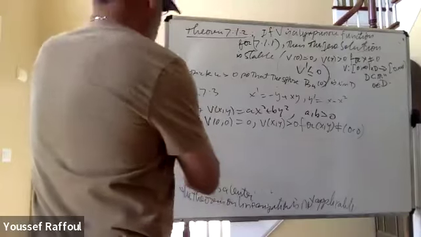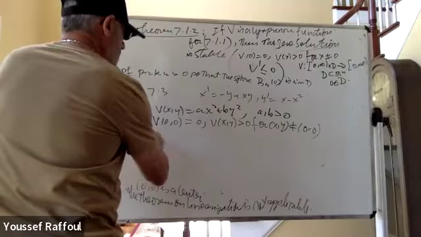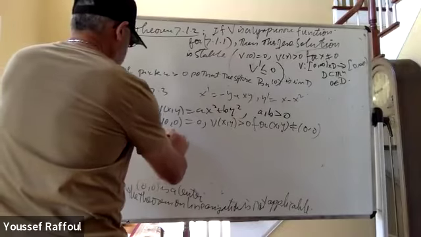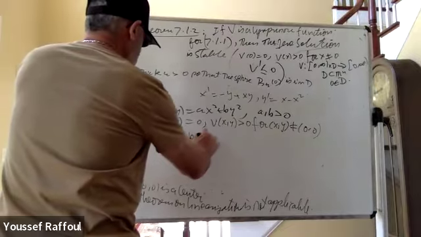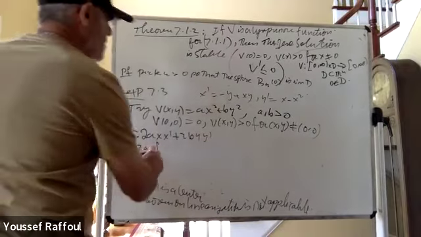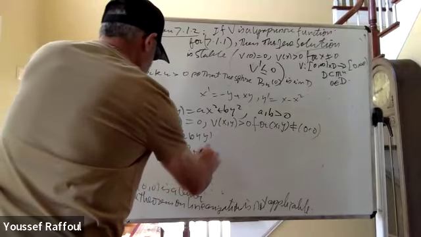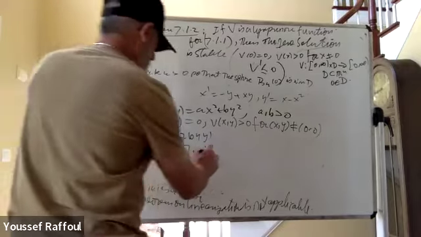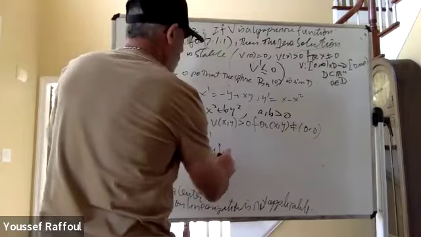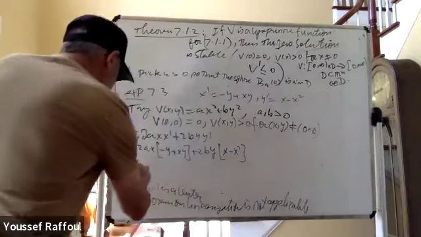All right, so what is V prime? It is 2a x x prime plus 2b y y prime, which is 2a x times (minus y plus xy) plus 2b y times (x minus x squared).